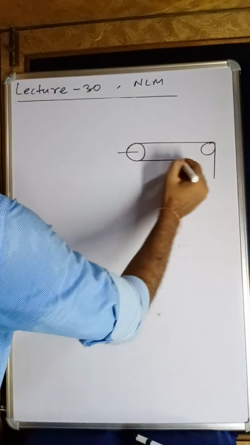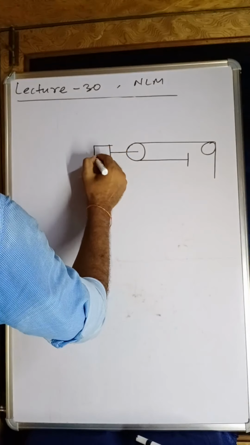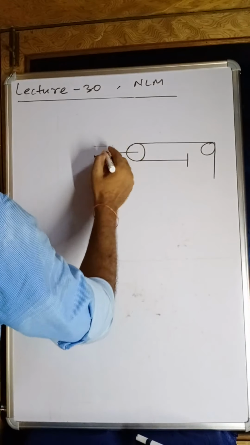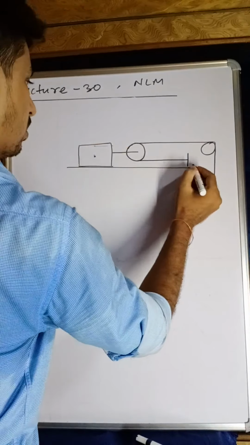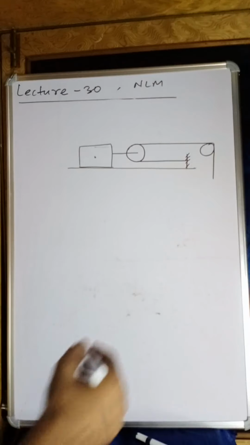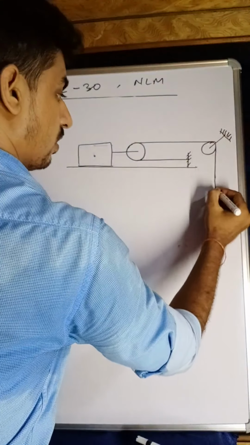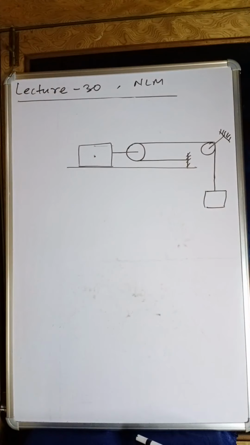Now, it is connected with a block. Suppose the values are given, it is twice m, or you can say thrice m.